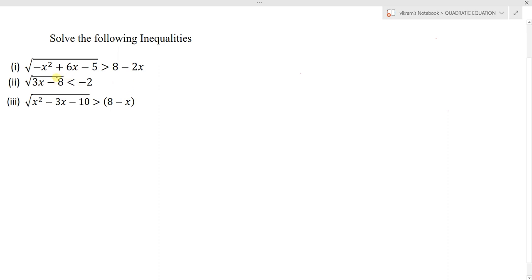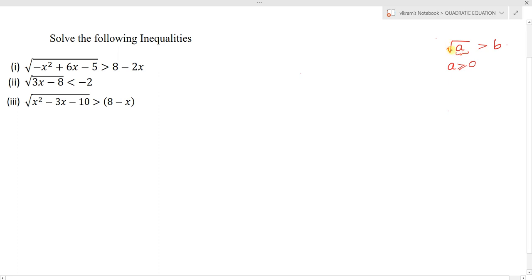Before understanding this first problem, we have to know that if the square root of a number a is given greater than b, then the value of a must be real, because the square root of a negative number does not exist on the real axis.